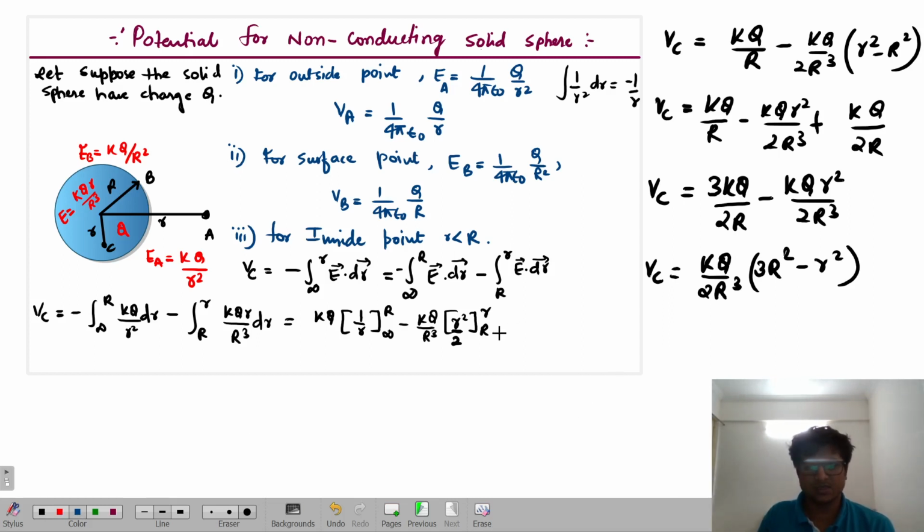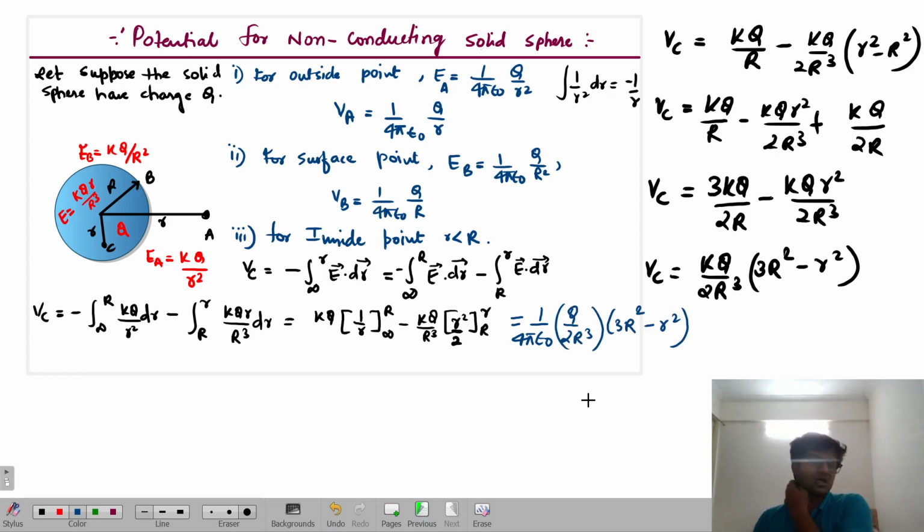So V at C is given as, I'll write 1 by 4 pi epsilon naught Q by 2R cube and then the whole term 3 capital R square minus small r square. Is that clear? So that's why we write in a very simple form.